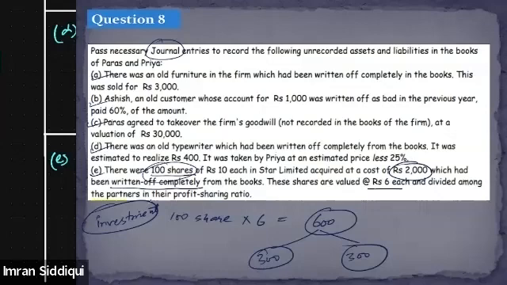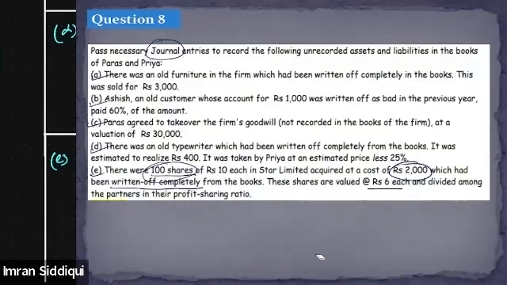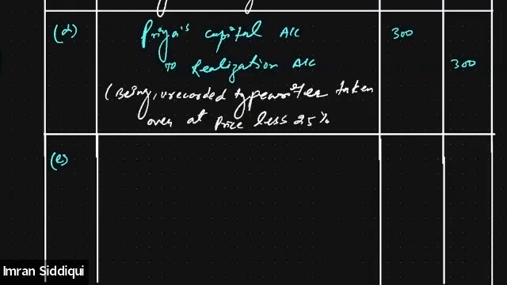So you correctly told me the journal entry: we need to debit partners' capital account to realization account. This will be considered as an asset being realized, just like any other asset. This time partners are taking over the shares in which the firm had earlier invested. I hope this point is clear.